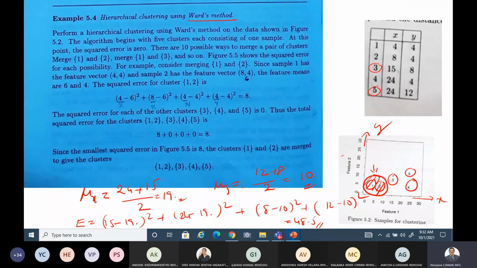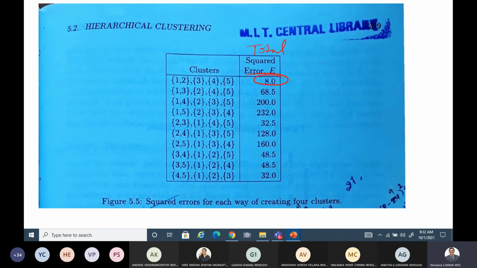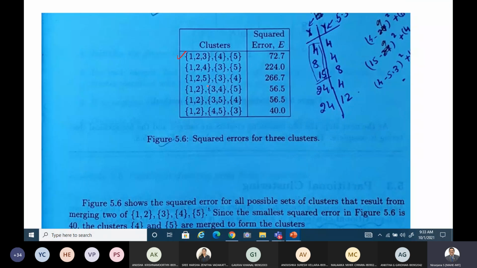In order to go from 4 to 3, maybe you can combine this bigger cluster with 3 or 5 or 4, or 4 and 5 can be combined, so that the rest will be 2 more clusters, so 3 clusters totally. So these are the possible combinations to get 3 clusters.